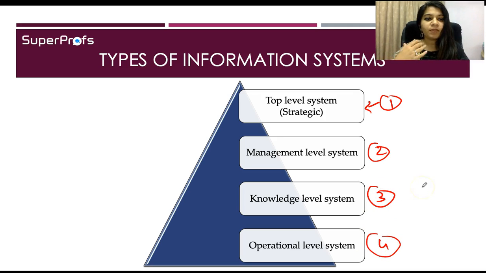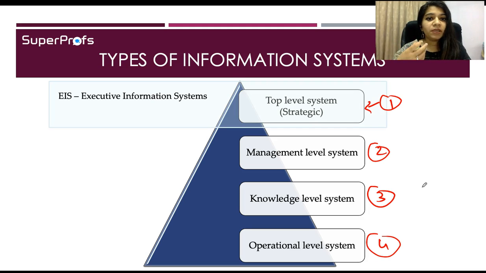Now, what do you think would be, if we talk about the very first level, the information system used at this level is executive information system. So whenever you're talking about strategic decision making or top level managers, the information system used is executive information system.